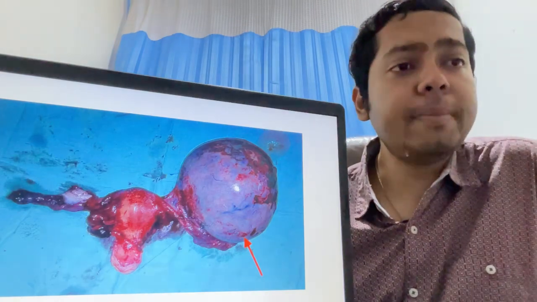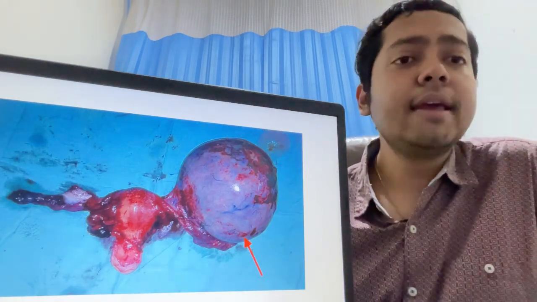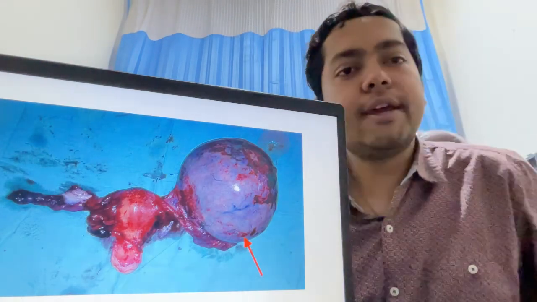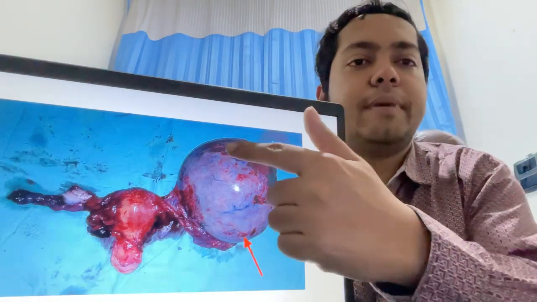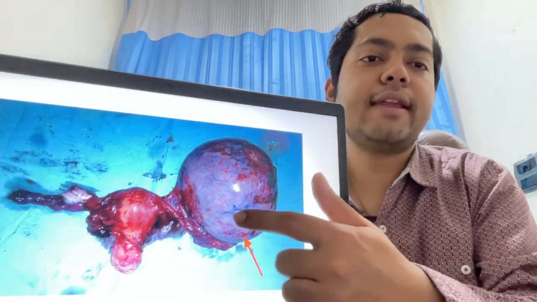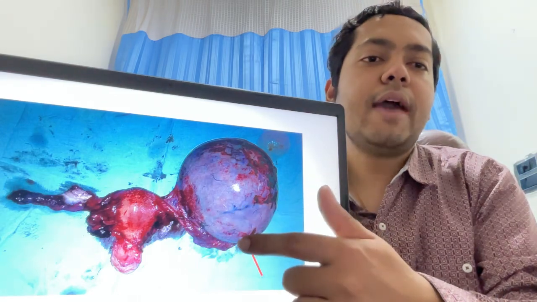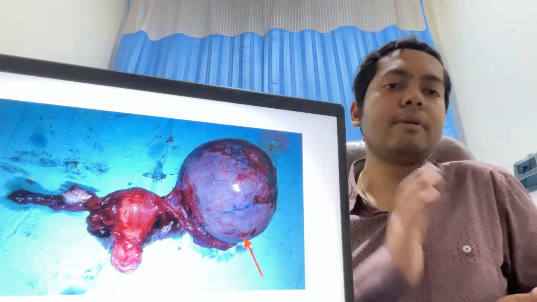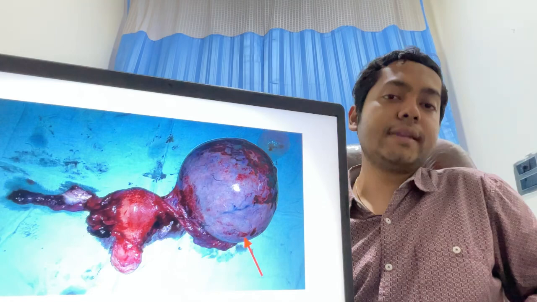So this is probably an epithelial ovarian cancer. We are saying epithelial also because there is altered vascularity and there are vessels available with solid areas, so it is most probably an epithelial ovarian cancer.